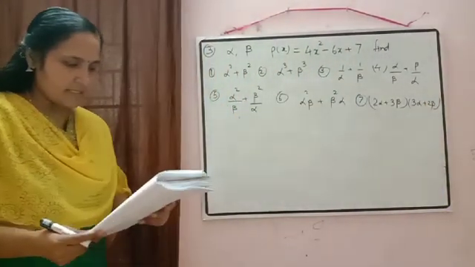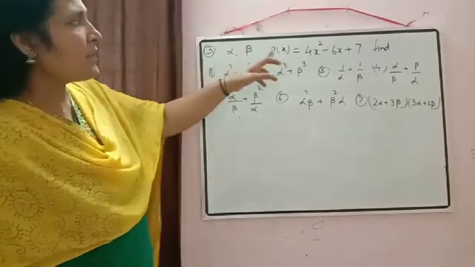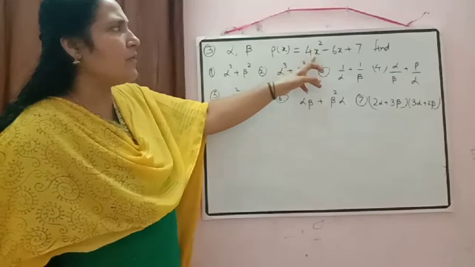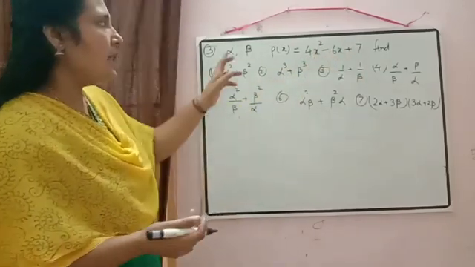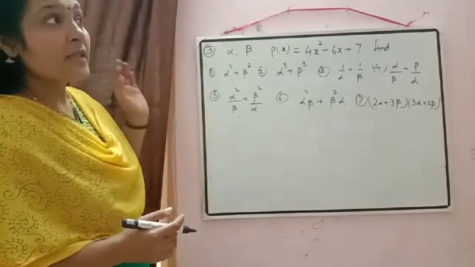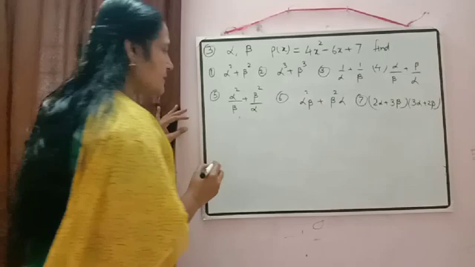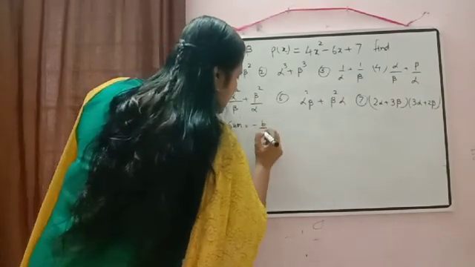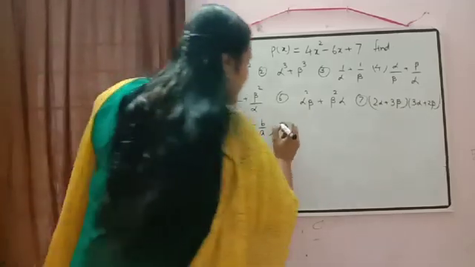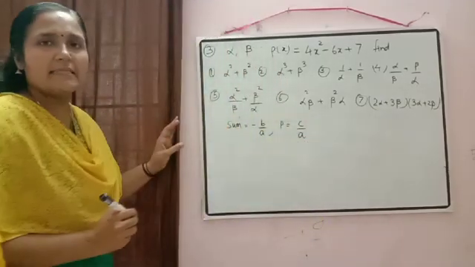Only the information is given: alpha and beta are the zeros of p of x is equal to 4x square minus 6x plus 7. We know the formula. Sum of the zeros is equal to minus b by a, and product of the zeros is equal to c by a.